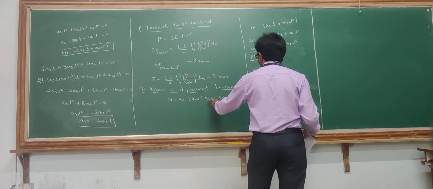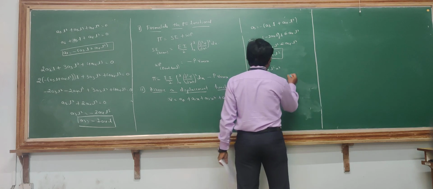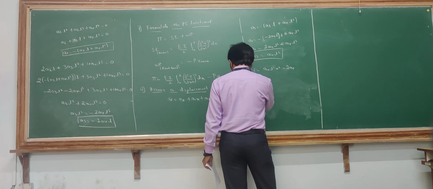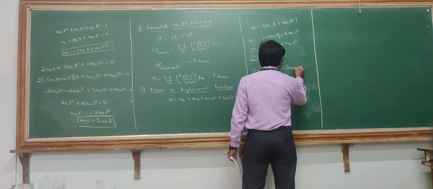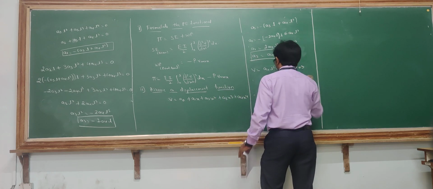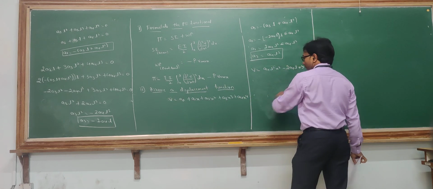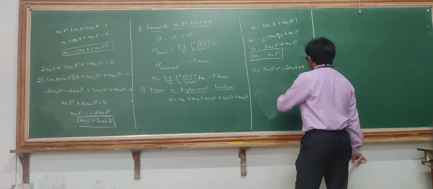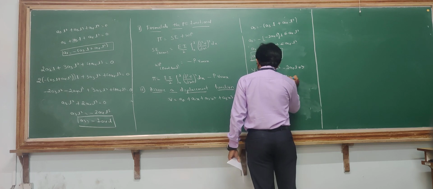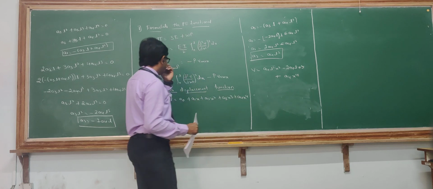A3 is minus 2A4L x cube. So A3 is nothing but minus 2A4L, and x cube is the term which is remaining, plus A4 x raised to 4. Okay, so this is how we will write the V equation.